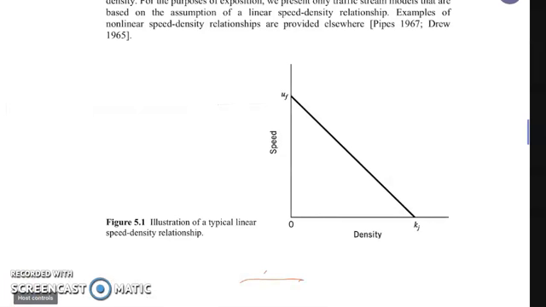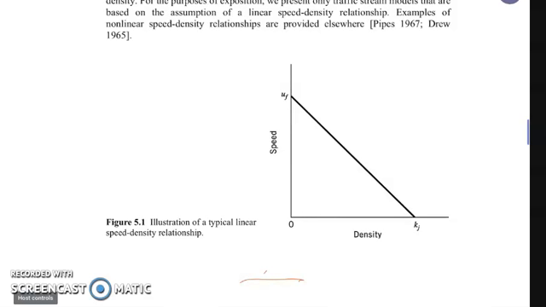This is an illustration of a typical linear speed density relationship. The advantage of a linear representation is that it provides basic insight into the relationship among traffic flow, speed, and density without clouding these insights with the additional complexity that a nonlinear speed density relationship introduces.